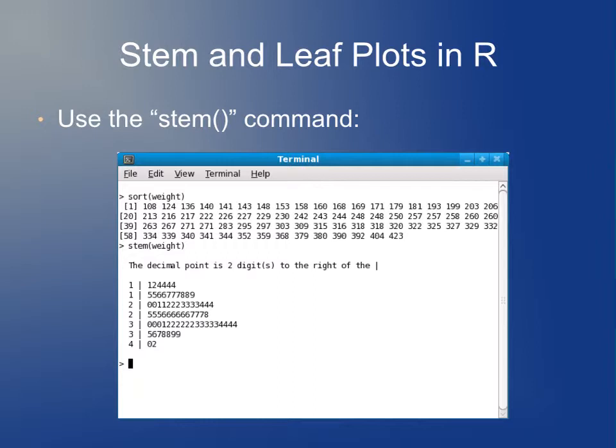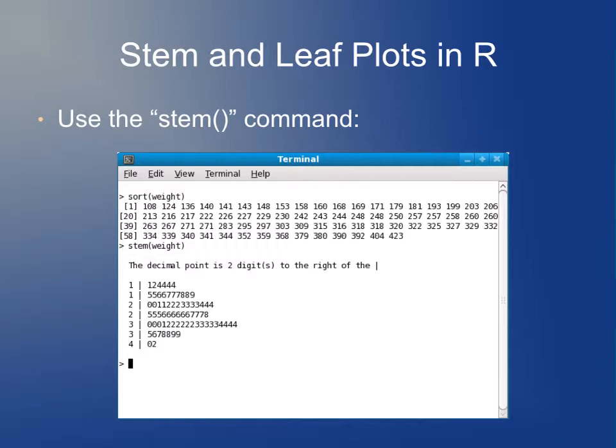So you see 108 gets converted to 110, so next to the 1 in the graph you see 1, 1. 124 gets converted to 120, so next to the 1 you see 1, 2, and then as I said there's a series of 4 that are rounded to 140, so you see 4 4s next to the 1, and so on. You repeat this for all of the different measures.